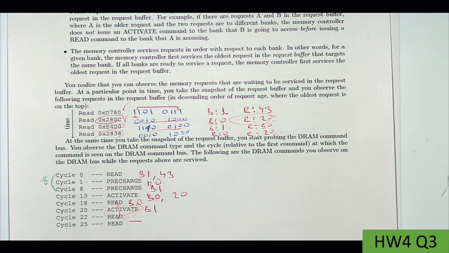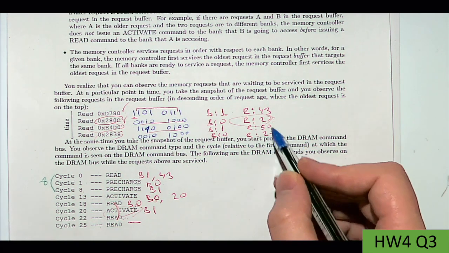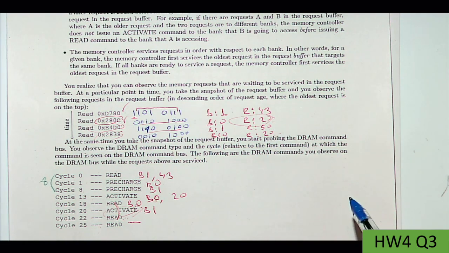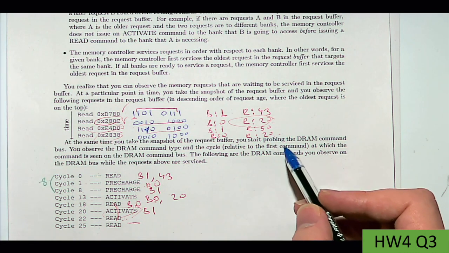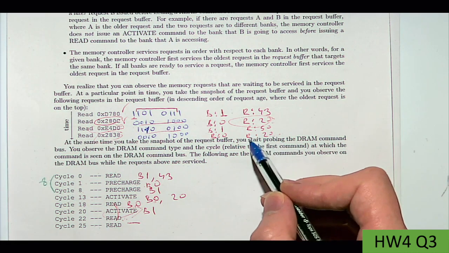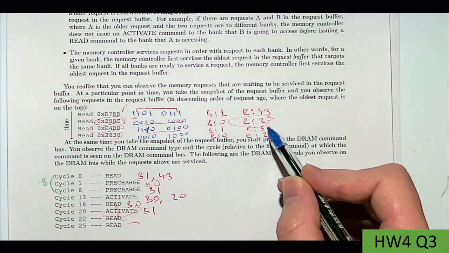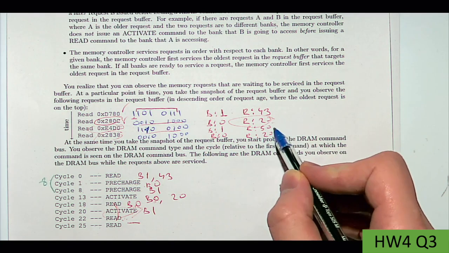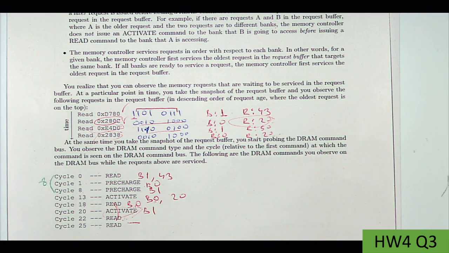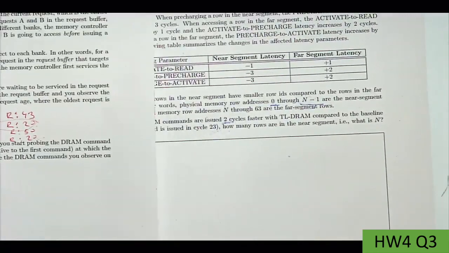All values from 0 to 20 are equal, so they will all result in exactly the same execution time when we use TLDRAM, because we don't have any rows in between. So the ranges we have to check for n are one value between 0 and 20, one value between 20 and 43, then 43 to 50, and then more than 50. But here, we can easily eliminate some ranges, right?